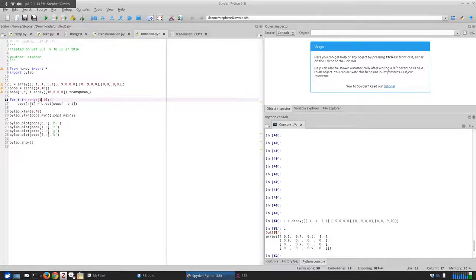Each time, I'm going to make one column of the population matrix be L times the previous column. So make column 1 equal to L dot producted with column 0, then make column 2 be L dotted with column 1, column 3 with column 2, etc., so that I build this entire matrix, and then plot them all at the end.